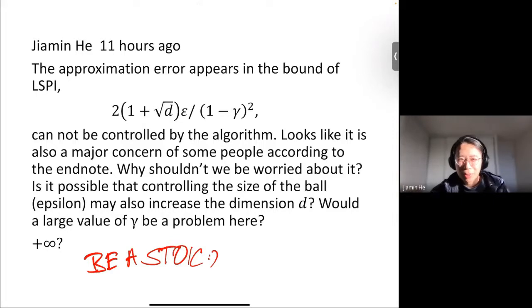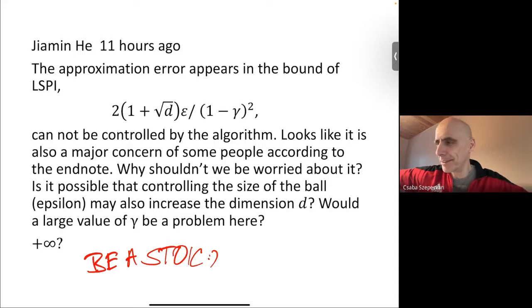Yeah, because they appear in the bounds in this way. So it's not enough to use feature vectors of a larger dimension, but you should do it in such a way that the price you're paying for blowing up the approximation error, because you need to extrapolate, and that was not a reinforcement learning thing, that was just a supervised learning thing, is not larger than the gain that you had by introducing more features.